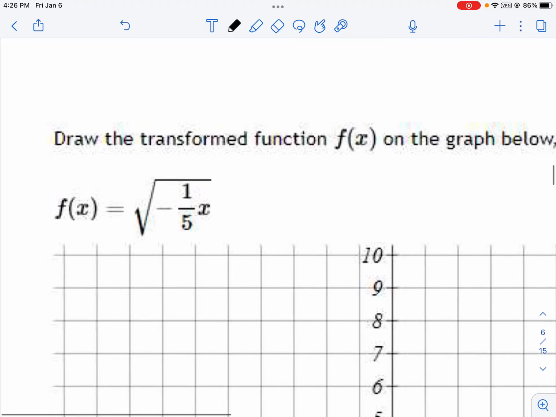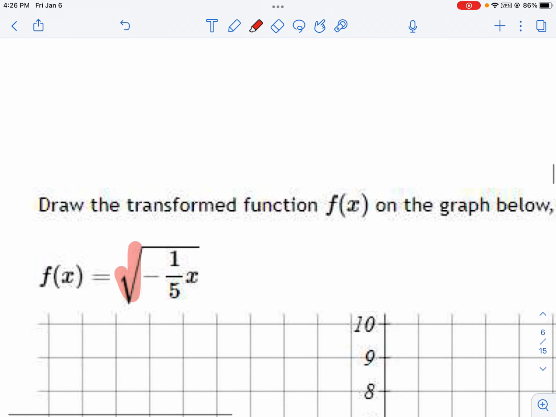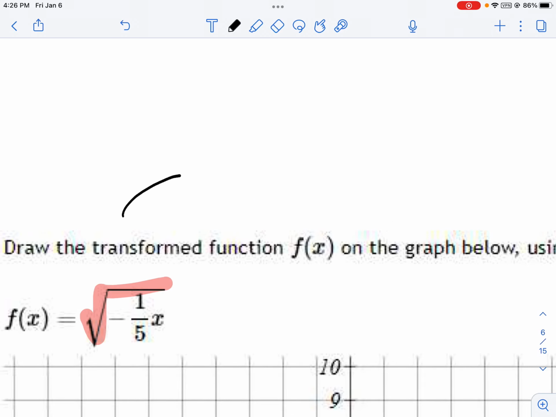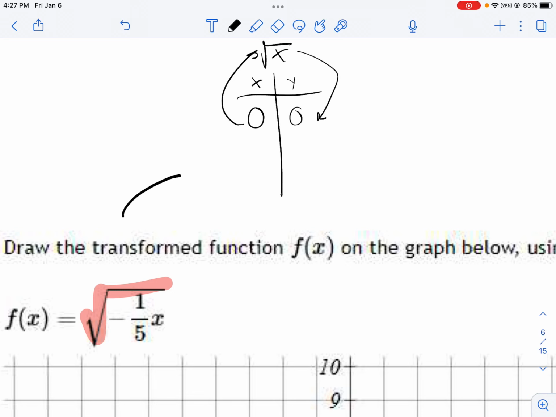Alrighty, so here we have a square root, right? We see that radical symbol, which means you're going to have that half seagull. Now, for those half seagulls, the normal points that we plot for these ones, it always starts at 0, 0. So if you plug in 0, square root of 0 is 0. Your next point is over 1 up 1, because if you plug in 1, square root of 1 is 1.